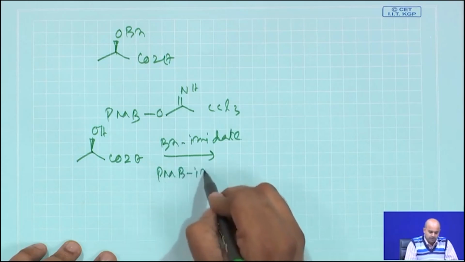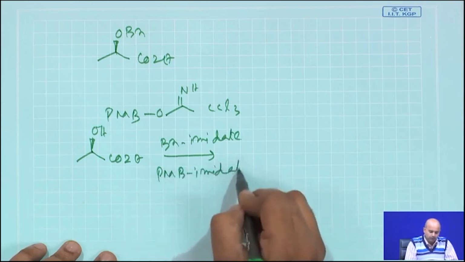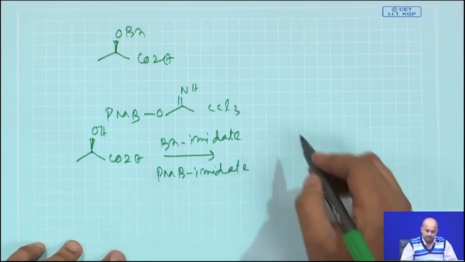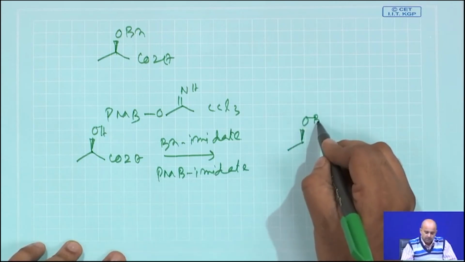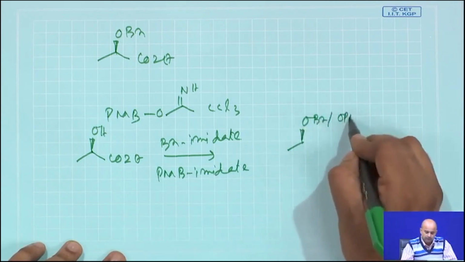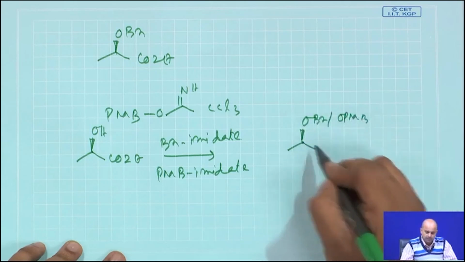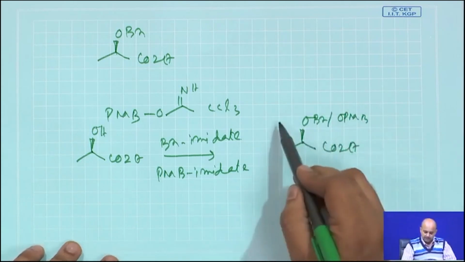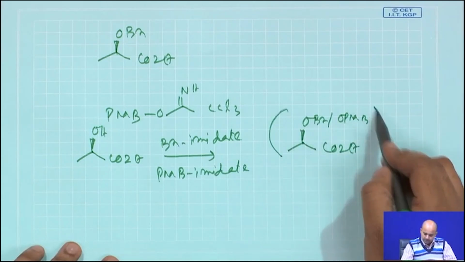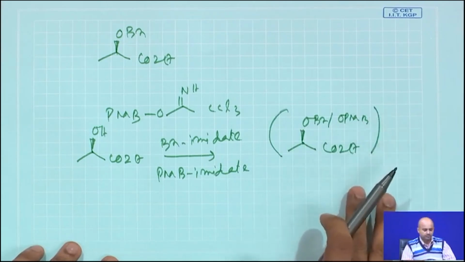Basic conditions have to be avoided to suppress the epimerization. Very efficiently you can protect this hydroxy group as the benzyl and PMB ether with absolute ease, and the stereochemical information will be retained.